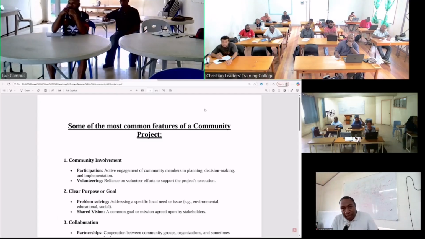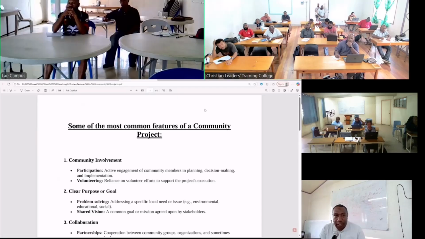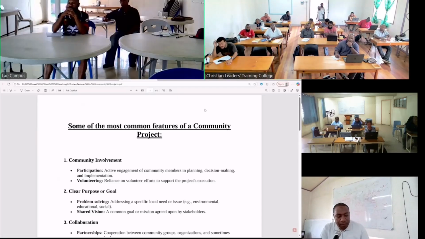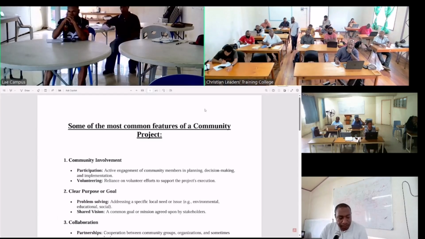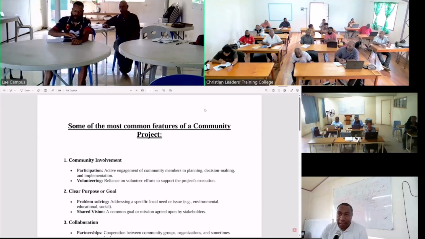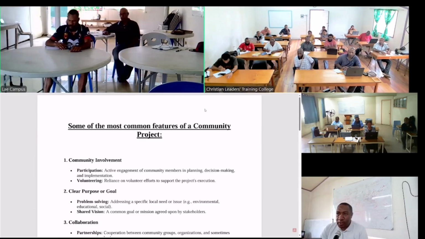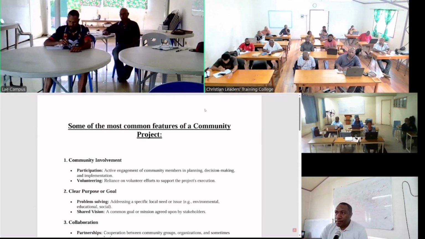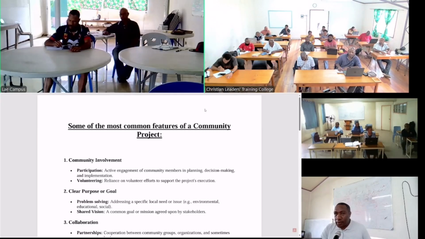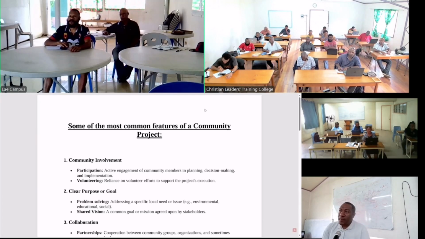And it must be a shared vision, which is a common goal or mission agreed upon by all the stakeholders. So those are the two points that derive from the second point of having a clear purpose or goal of a community project.